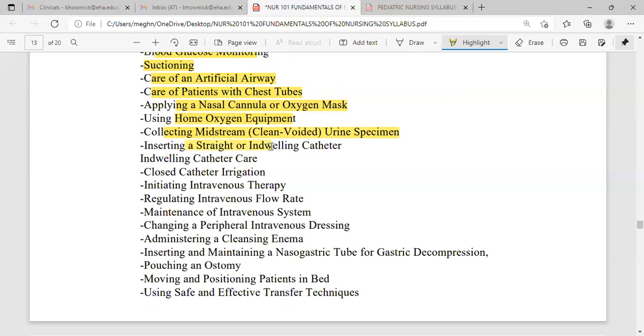Insertion of the straight and Foley catheter, indwelling catheter care, closed catheter irrigation, also initiating intravenous therapy, regulating intravenous flow rate, maintaining intravenous system, and changing peripheral intravenous dressing, administering a cleansing enema, insertion and maintaining nasogastric tube for gastric decompression.